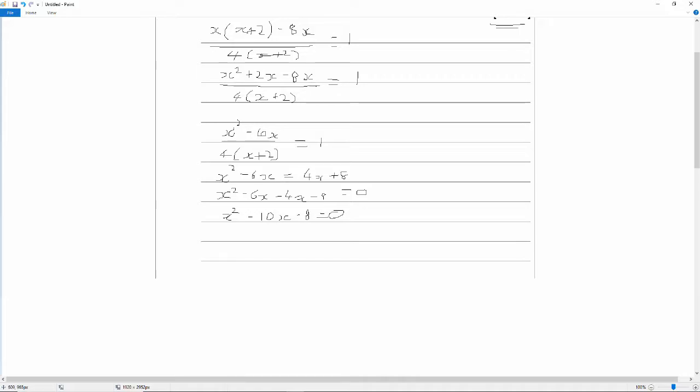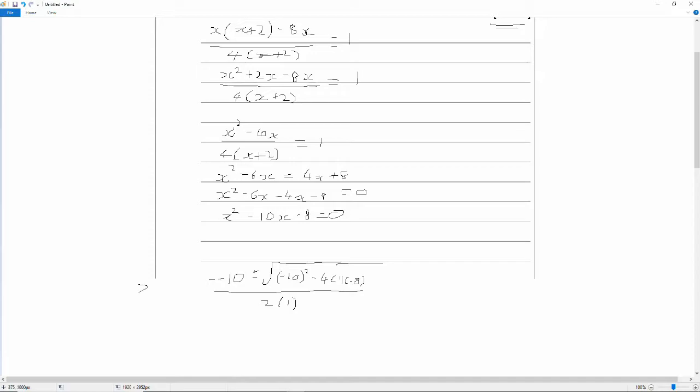So that's minus b, so that's minus 10, plus or minus the square root of b squared, which is negative 10 squared, minus 4 times a, which is 1, times c, which is negative 8, all over 2 times 1.